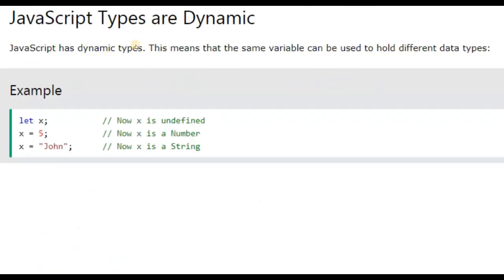JavaScript types are dynamic. JavaScript has dynamic types. This means that the same variable can be used to hold different data types.